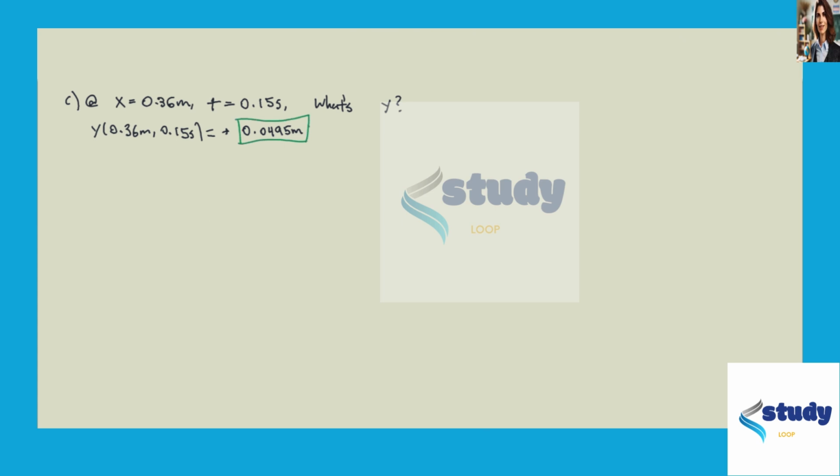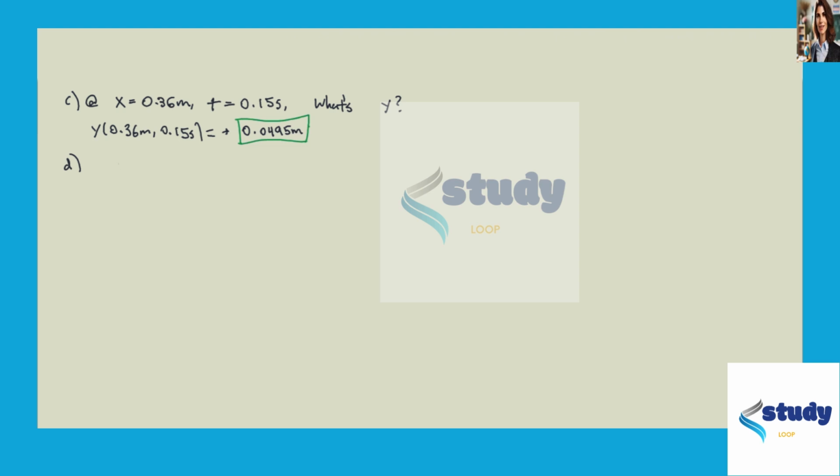Great. So then finally, we want to know how much time is between this point here, 0.15 seconds, until the particle at x equals 0.36 meters has maximum upwards displacement.